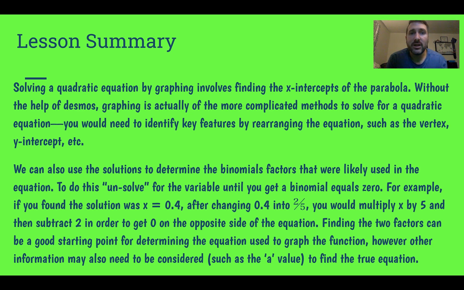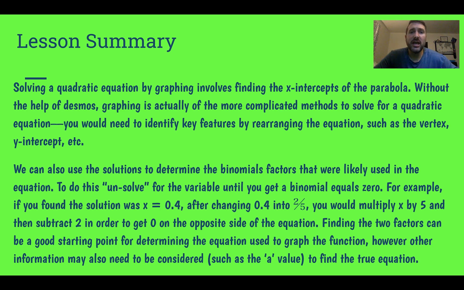So for example, if you found the solution using Desmos was x equals 0.4, after you change 0.4 into a fraction, 2/5, you would multiply by 5, then subtract 2. That way you have 5x minus 2 equals 0. 5x minus 2 would be your binomial factor.